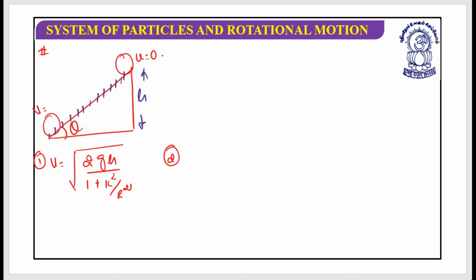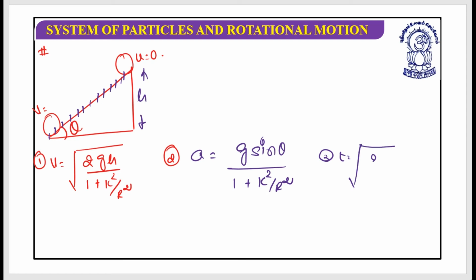Second, the acceleration: a equals g sine theta upon 1 plus k square by r square. And third, the time period, which equals root of 2h by g sine square theta into under root of 1 plus k square by r square.